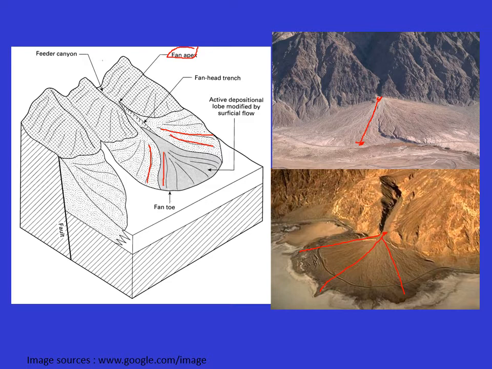Now this change in slope in the fan as well as the area covered by the fan sediments depends on the viscosity or density of the flowing water. So depending on the carried materials, how much sediment load the river will carry will govern or guide the depositional pattern in this alluvial fan region.